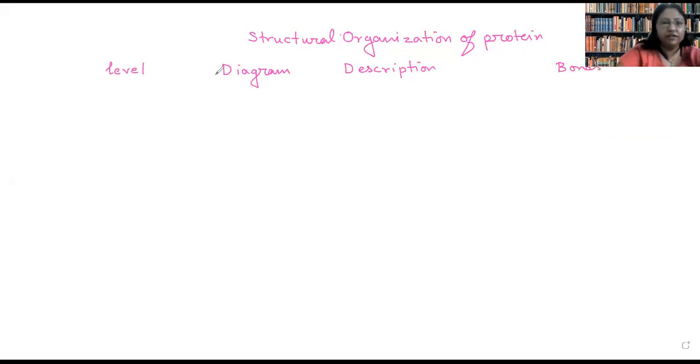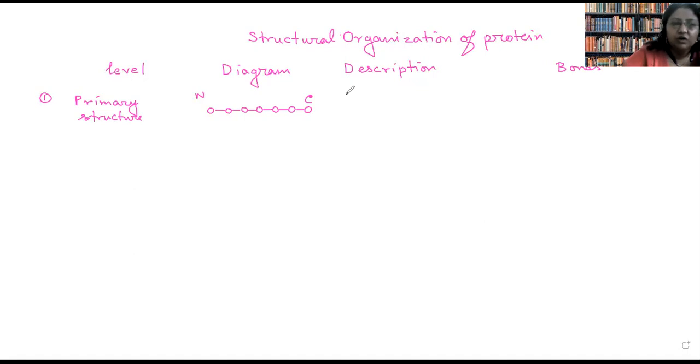So the first level of structural organization is already known to us. It is called the primary structure. So what is this primary structure? Primary structure is nothing but the polypeptide chain we studied, having amino acids connected with each other via a peptide bond, and it has an N terminal and a C terminal.